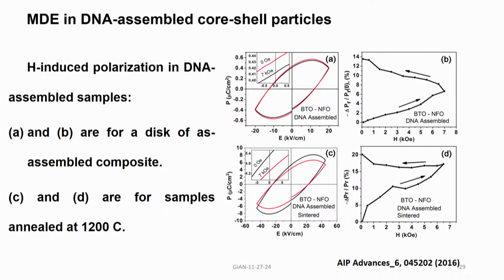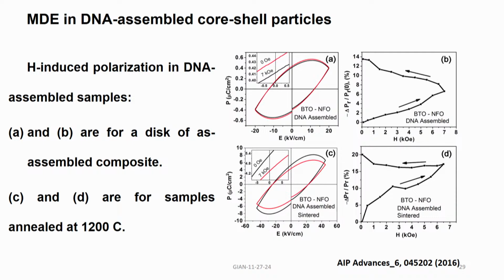Right. So we also made a disk of these coarser particles and then measured the polarization versus electric field with and without a static magnetic field. So the change in the remnant polarization, the fractional change, is plotted here as a function of H. There is hysteresis in it.